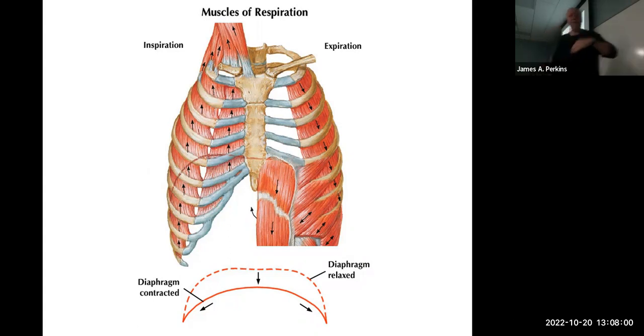As the diaphragm flattens out and pulls downward, that's increasing the volume of the space inside the thorax. And this is one of the things that then causes the inflation of the lungs.